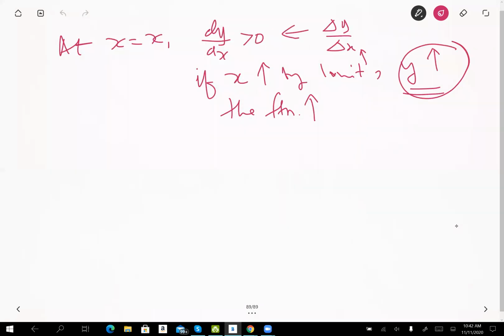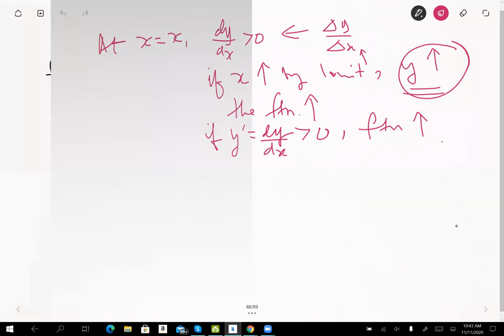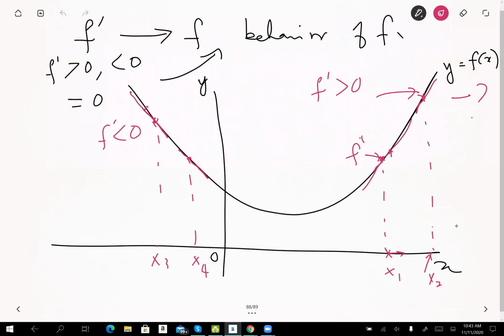Our conclusion is simple. If y prime or dy dx is positive at x equal to x1, that means the function is increasing. The function is going up. That will be true for any point where the derivative is positive. It's true at x1, it's true at x2, so it is true at any of these points.